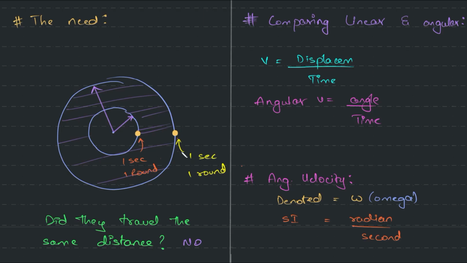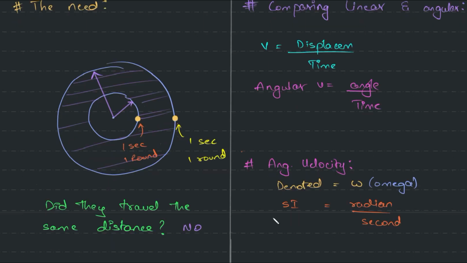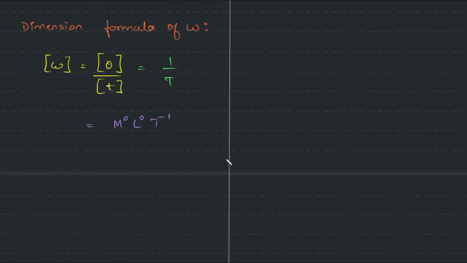But with angular velocity, we'll be able to tell that all these points have the same angular velocity, and our conversation is done. Angular velocity is denoted with omega. SI unit is radian per second. Dimensionally, radian has nothing, so this is 1 and this is T, and that is your dimensional formula.